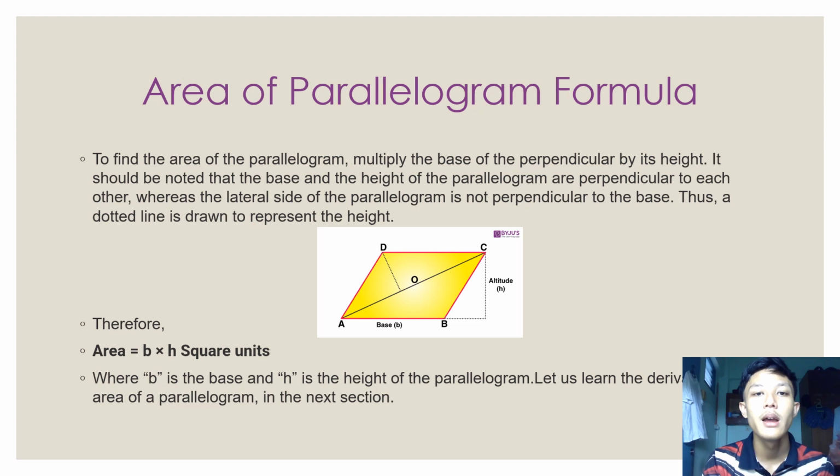Okay. Next, the area of parallelogram formula. To find the area of the parallelogram, multiply the base by its perpendicular height. It should be noted that the base and the height of the parallelogram are perpendicular to each other, whereas the lateral side of the parallelogram is not perpendicular to the base. Thus, a dotted line is drawn to represent the height.